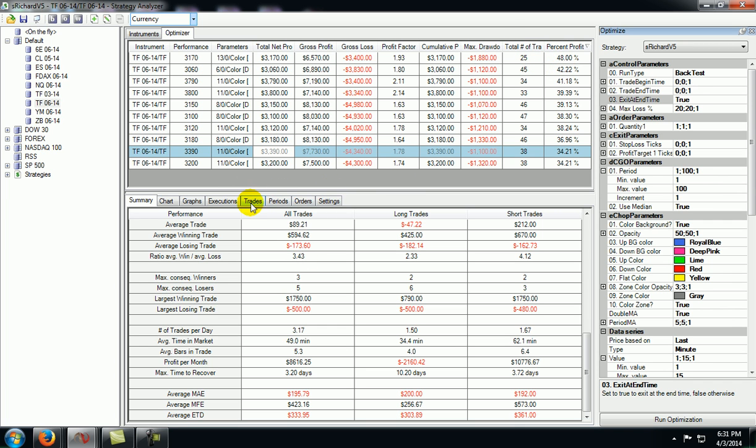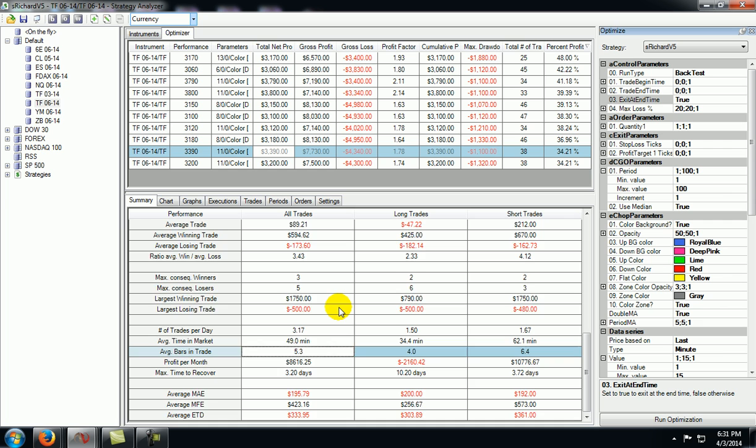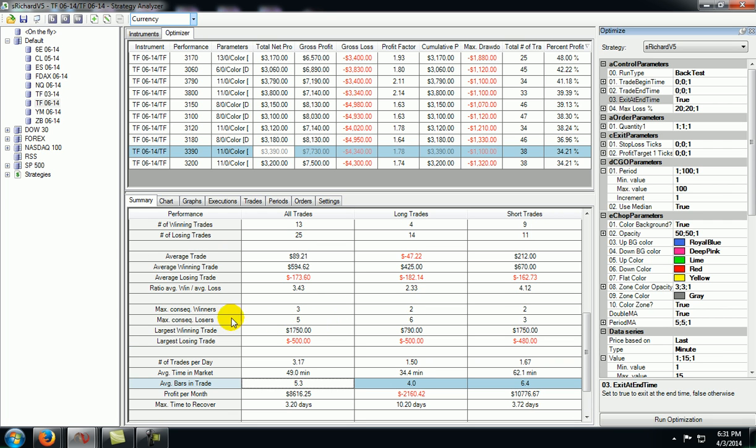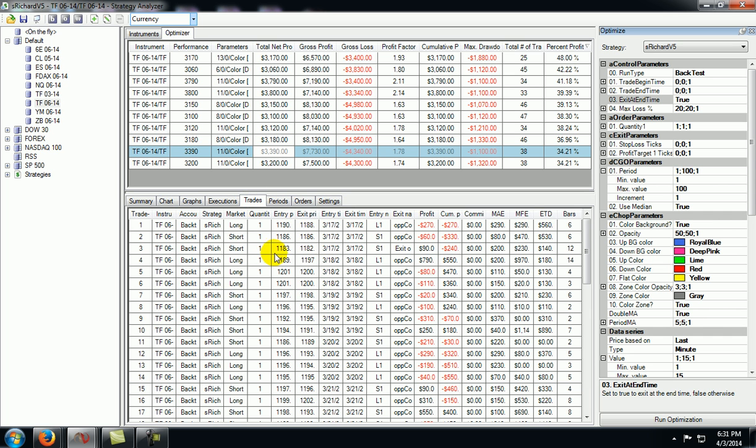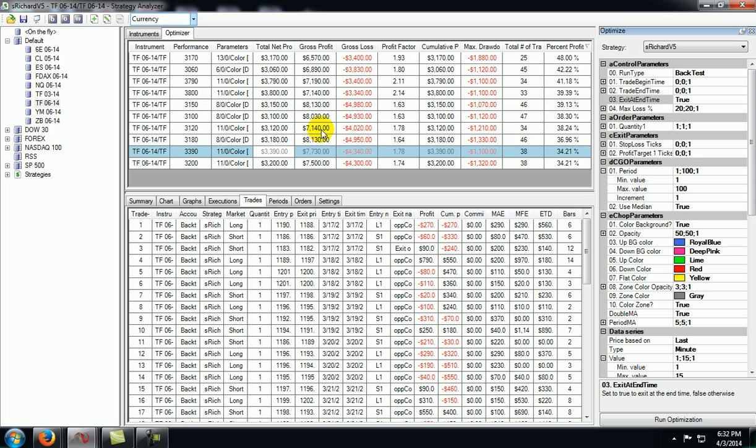As I said, I also look at the number of winning and losing trades, and the number of consecutive winners and losers, as well as going into the Monte Carlo simulation and looking at a number of other factors in here and doing some comparative statistics there. It's a fair amount of work to do every week.